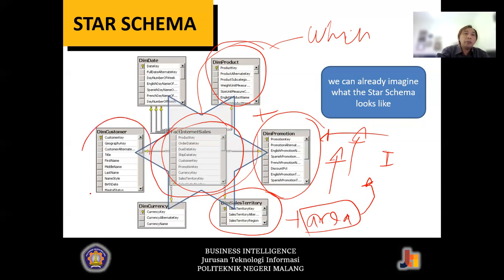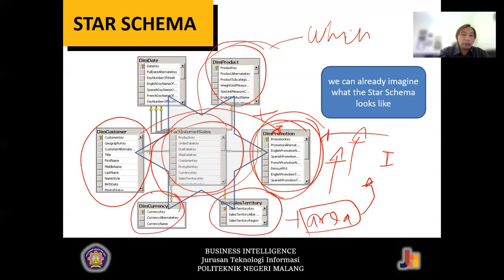Let's say which customer buys, or which customer has the highest transaction. When does the customer do the most transactions? Which promotion promotes the highest transaction to that customer, and so on.